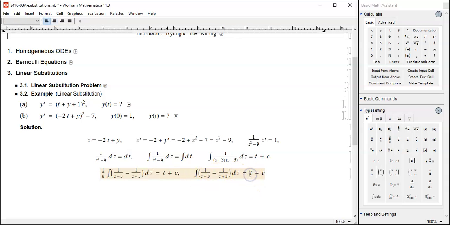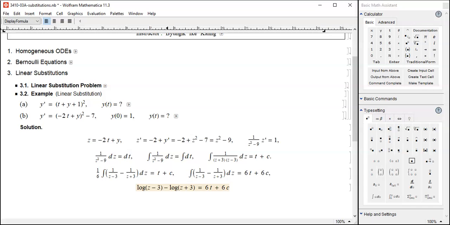That equals 6t plus 6c, and that can become a new constant. I'll do that later. And then that's going to be log of z minus 3 minus log of z plus 3 equal to 6t plus 6c.